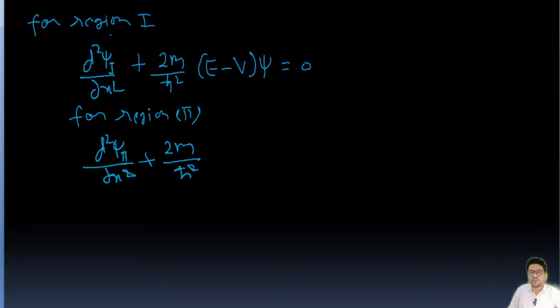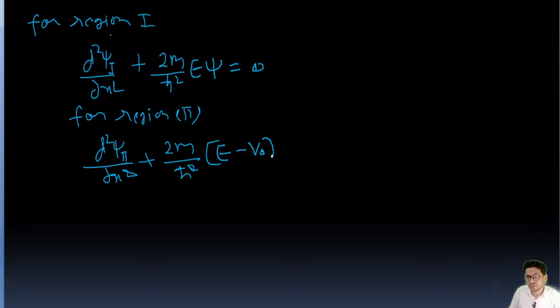V is equal to 0 for region 1, so E psi equal to 0, and for region 2 it is E minus V naught, psi equal to 0, right?